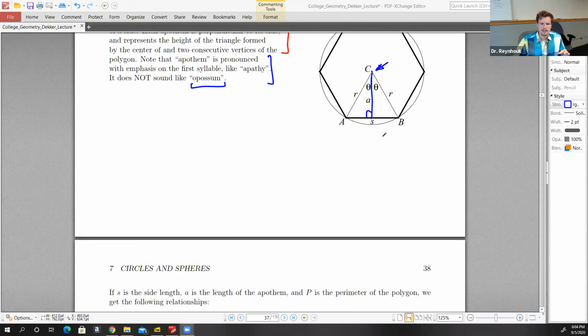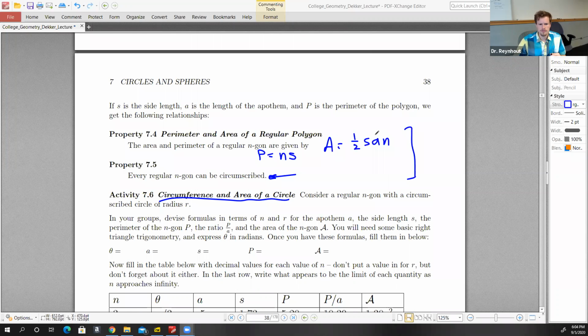Excellent. So we want to find formulas in terms of n and r for the apothem, the side length, the perimeter p, the ratio p over a, and the area of the n-gon. Okay, so we want to find these for, of course, the regular n-gon.